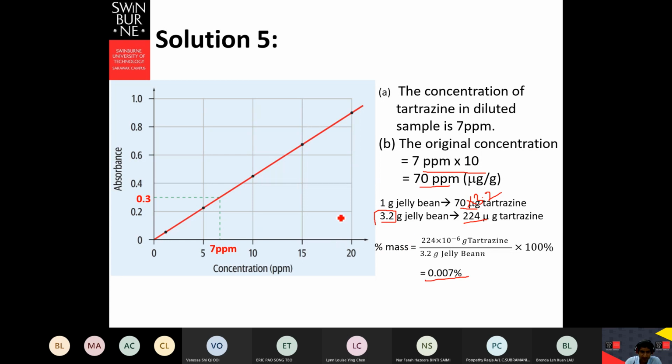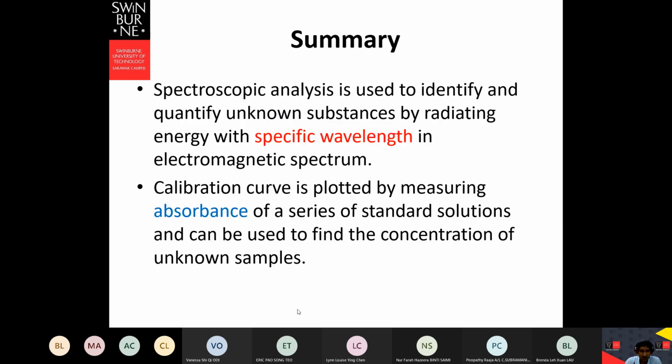All right, because 224 microgram, that means 10 power negative 6 of a gram, in 3.2 gram times 100%, so it's 0.007. It is the mass percentage by weight of tartrazine in the sample.